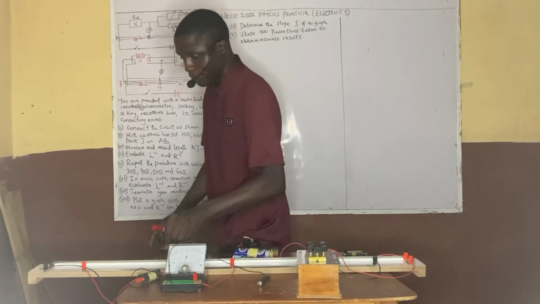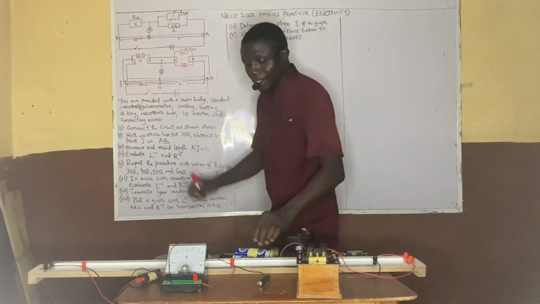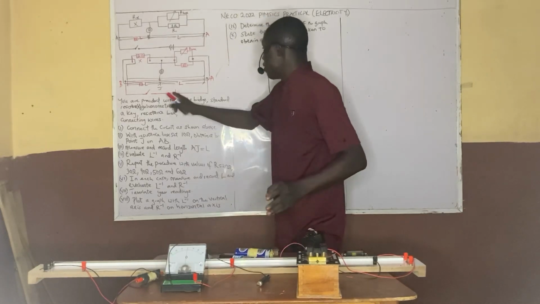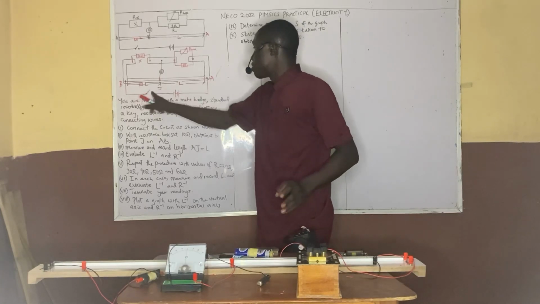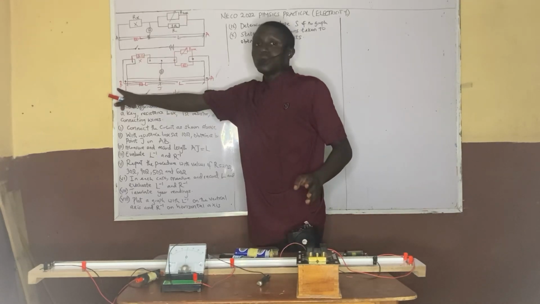This is our key here, and the key has a wire that goes directly to the negative end of the battery, which goes to the point B.